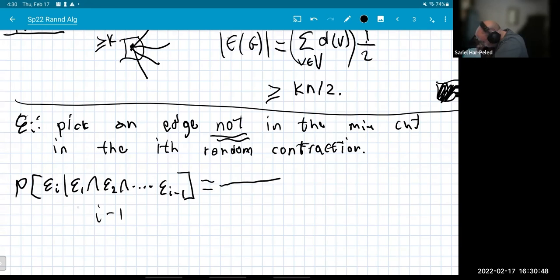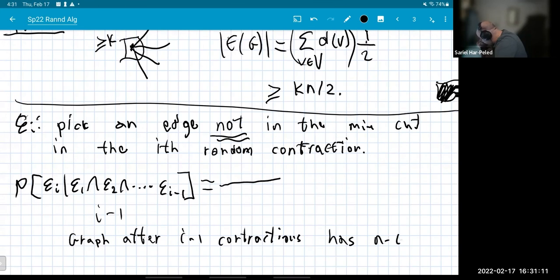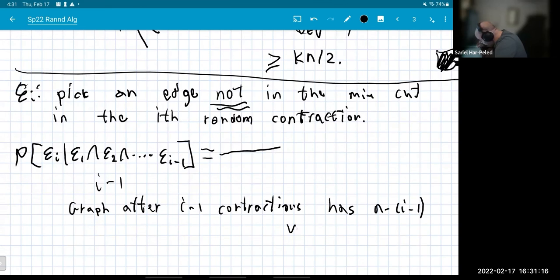So the graph at this stage has n minus (i minus 1) vertices.